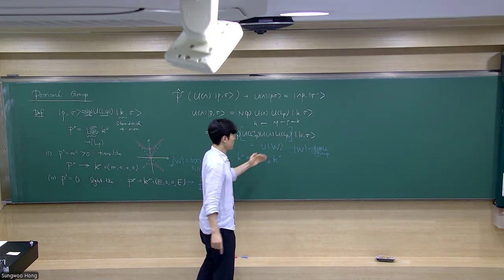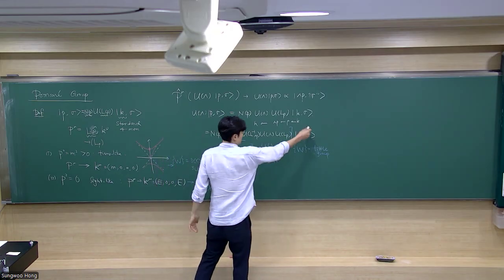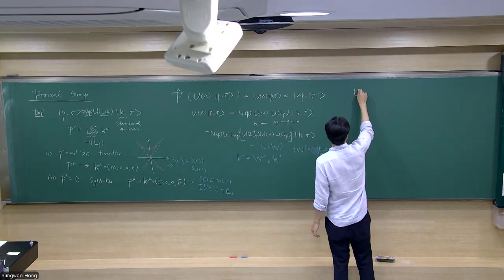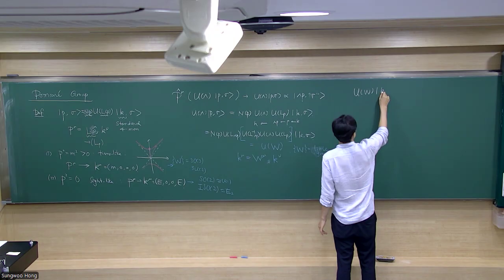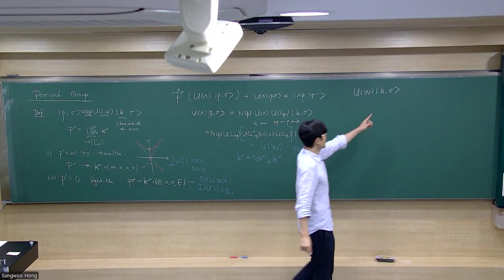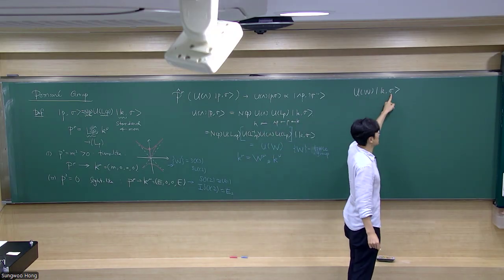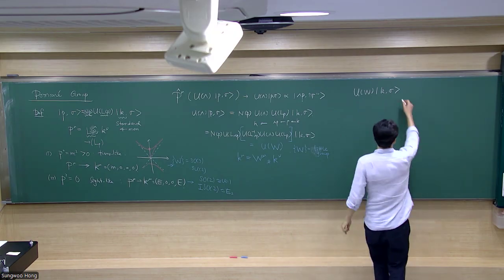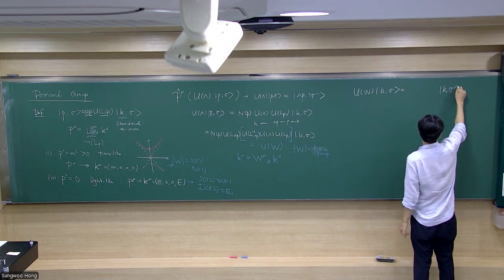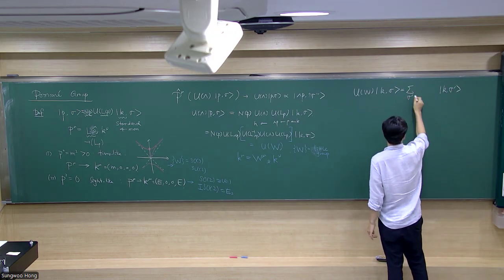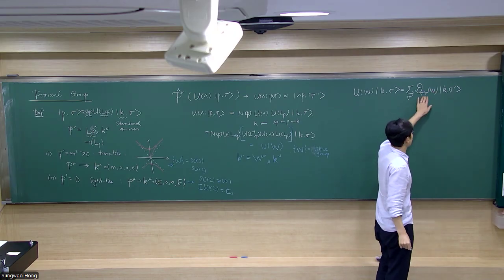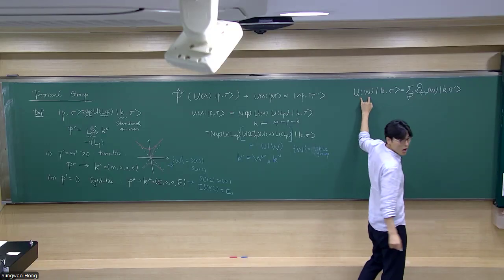So let's understand what that means. Let's first understand this part of the story. What that tells me is that if I have a little group acting on a K state, that by definition doesn't change K. So the only thing that this can possibly change is whatever the sigma index. So this leaves the K invariant, but it can rotate the sigma index. This is nothing but a representation matrix of this operator.